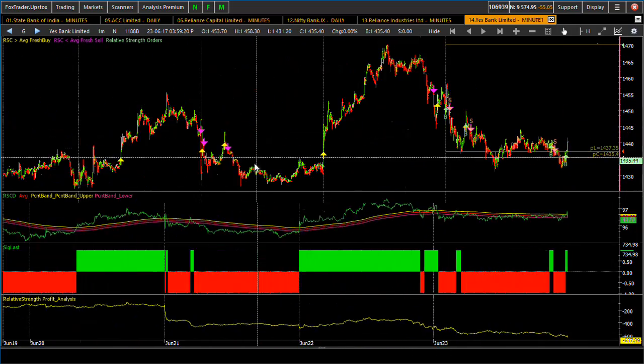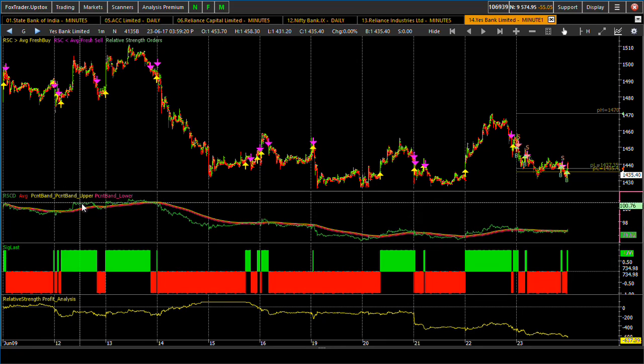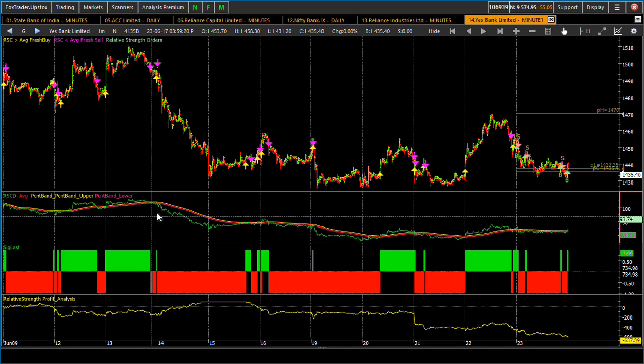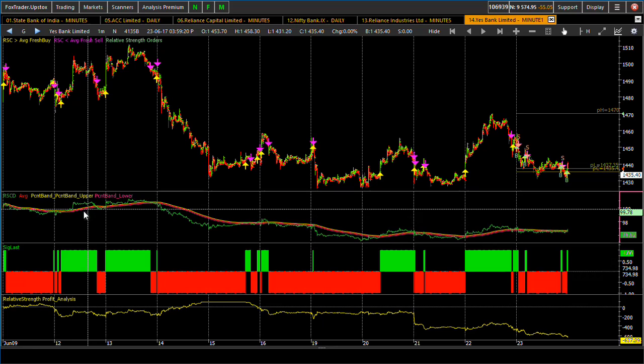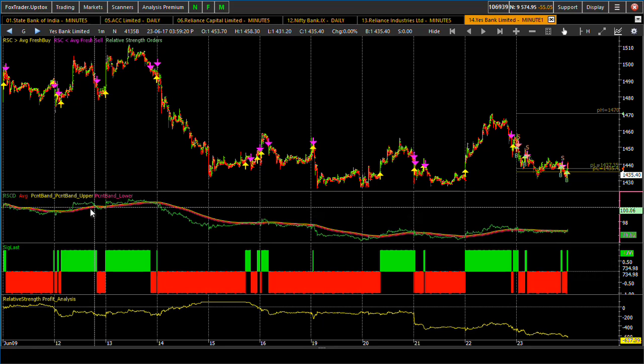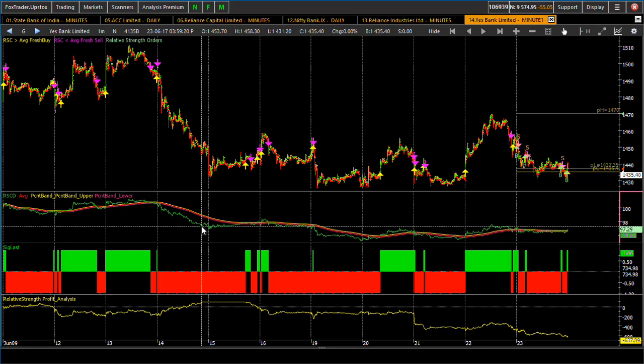On the intraday chart, I have Bank Nifty versus Yes Bank here. The green line that you see is the comparison between Bank Nifty and Yes Bank. On this I have an average, so if it is above the average, it means it is bullish and I can go long. If it is below the average, it means it is bearish, it is not performing as per Bank Nifty, or maybe if Bank Nifty is falling, Yes Bank is falling more in comparison, so I can go short in that.